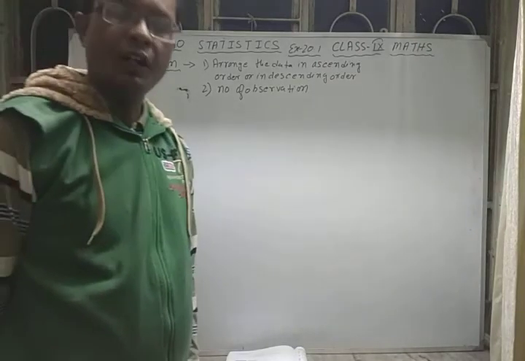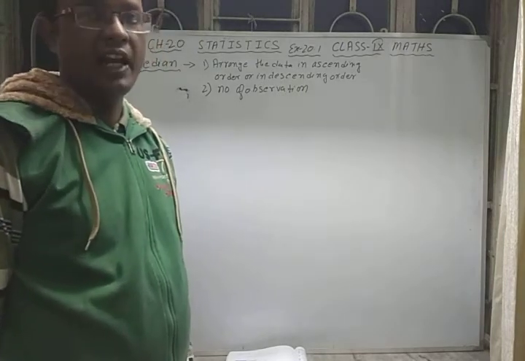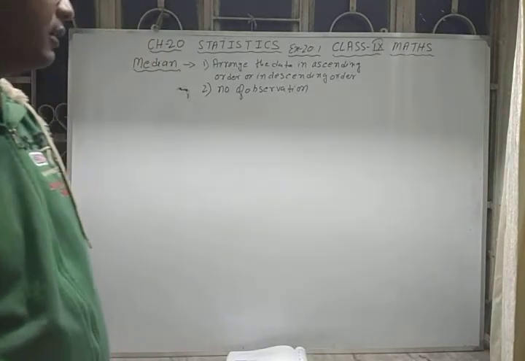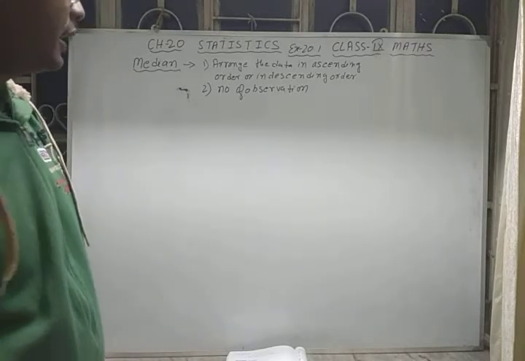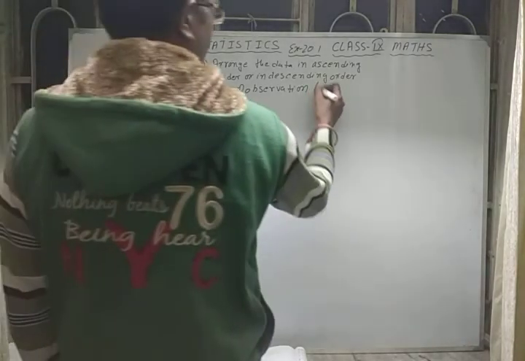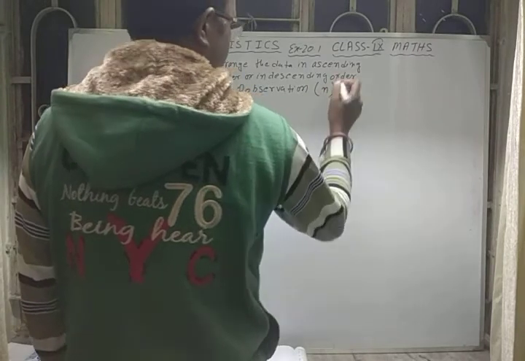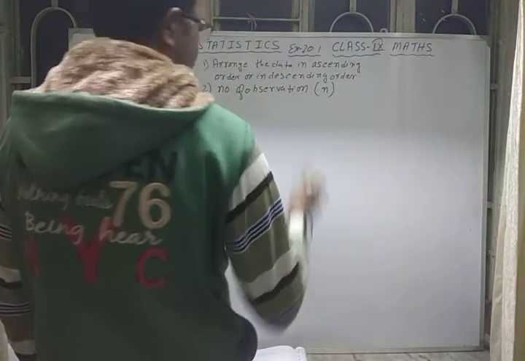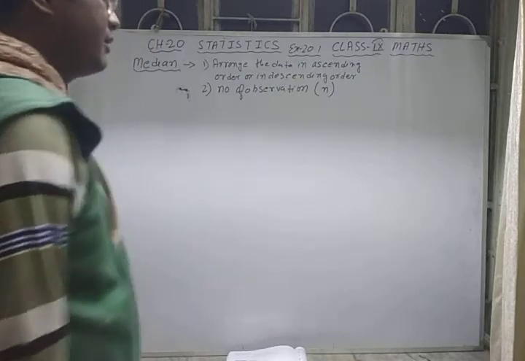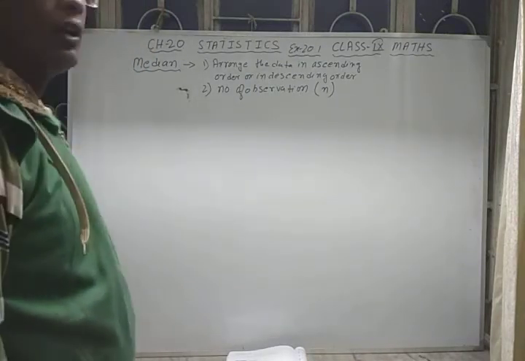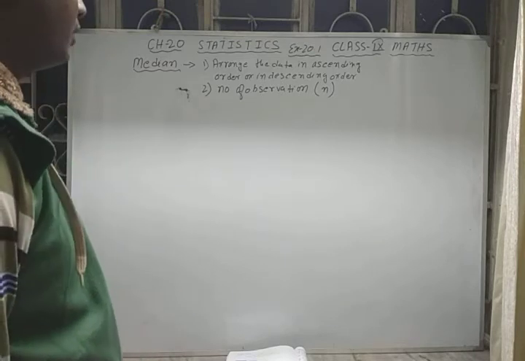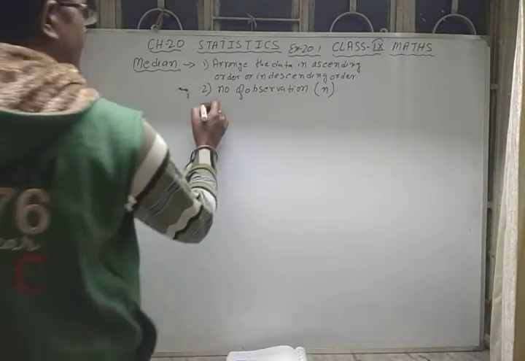It may be an odd number also, 5, 7, 9, 11, 13, etc. That is marked as n. Sometimes it is written in capital letter in some books, but in your book it is given in small letter n, the number of observations. Third step, to find the median.